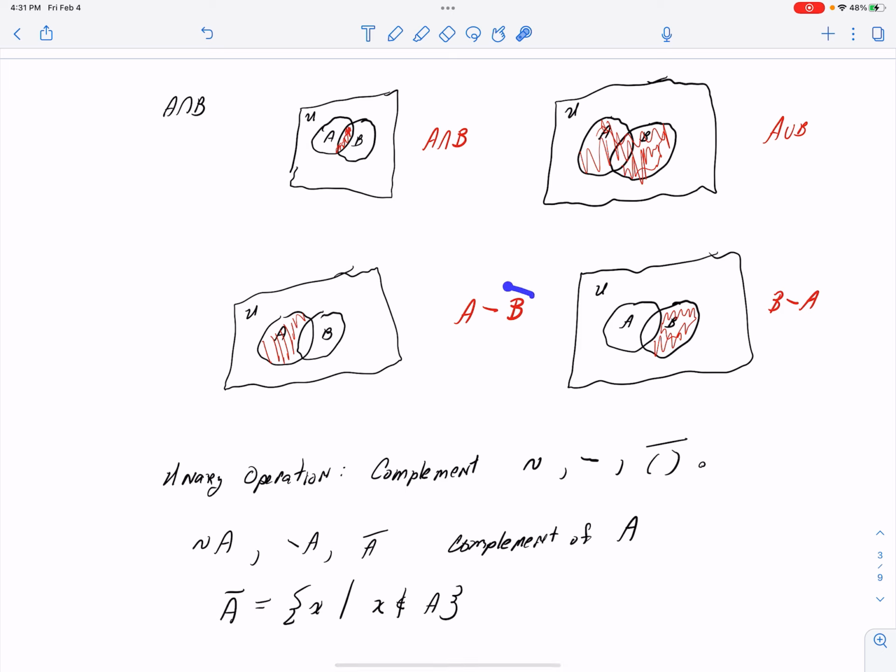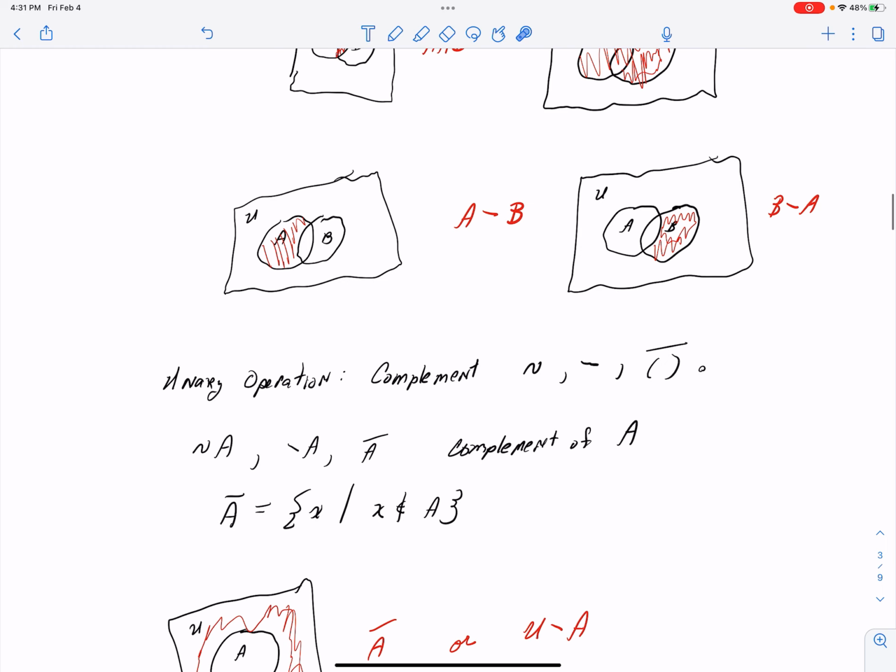If I wanted to draw an arbitrary Venn diagram of A not B, remember set subtraction, what would I do? I'd have to start out with A and I'd throw out anything in B. So I'd have to throw out this piece, and I would end up with what I just got colored in right there, right? That's A not B.